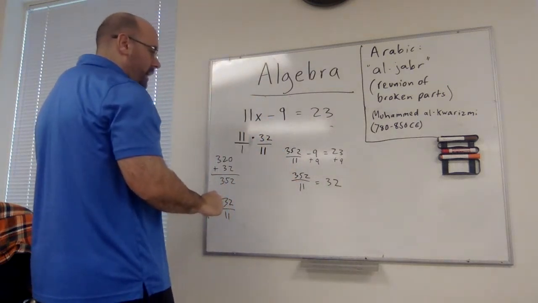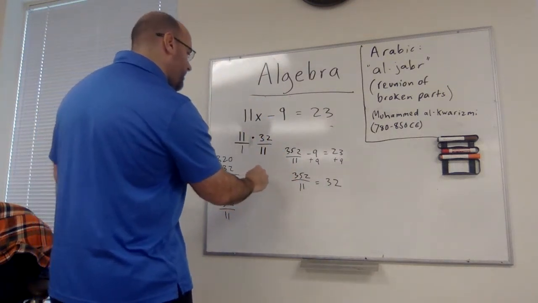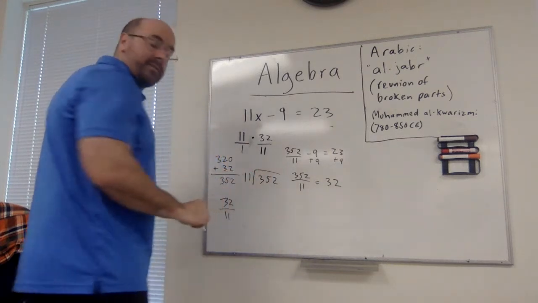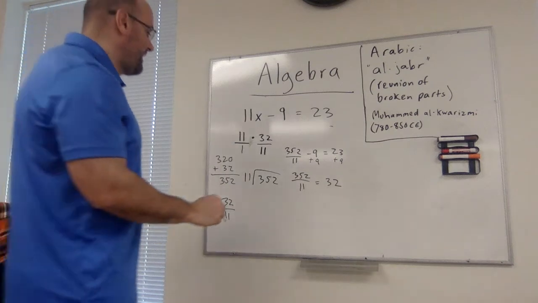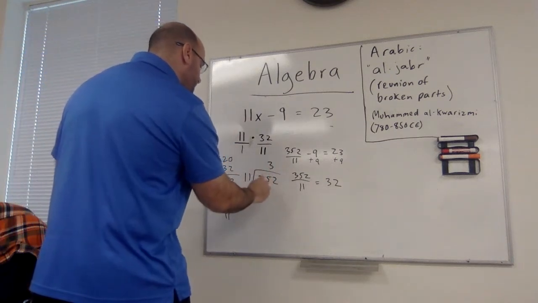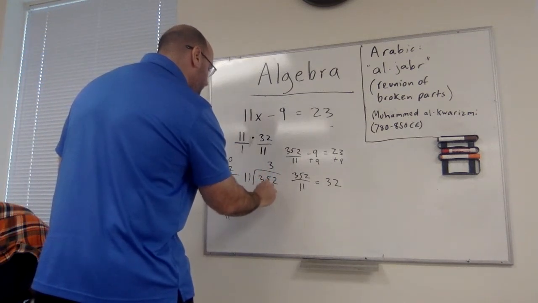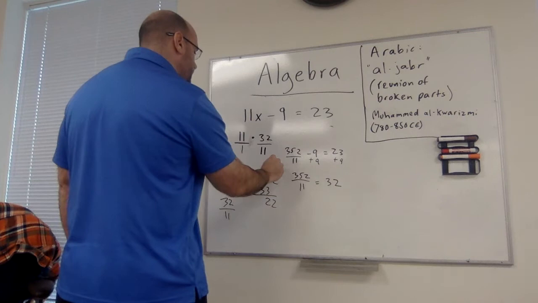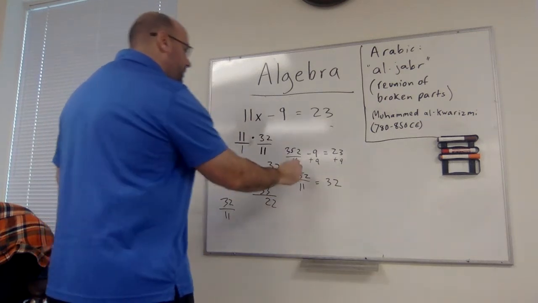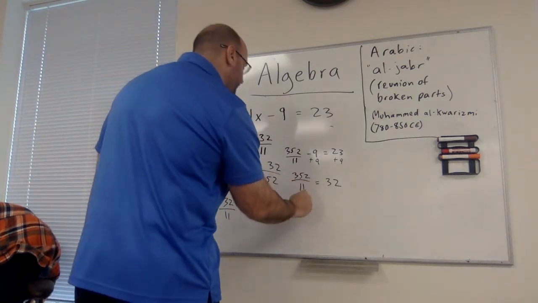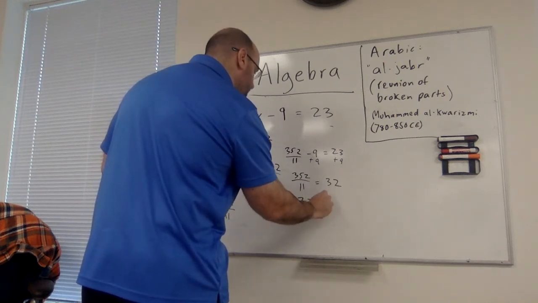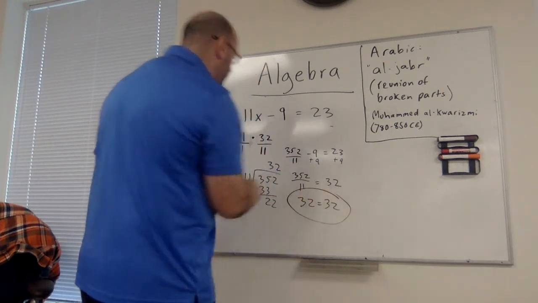Okay, and let's see what happens if I divide 352 by 11. I have no idea whether this is going to work or not, folks, but it goes in 3 times. That is 33. Subtract that, I get 2, bring down the 2, 11 goes into 22 twice. Yes, 352 divided by 11 is in fact 32, and 32 does equal 32.